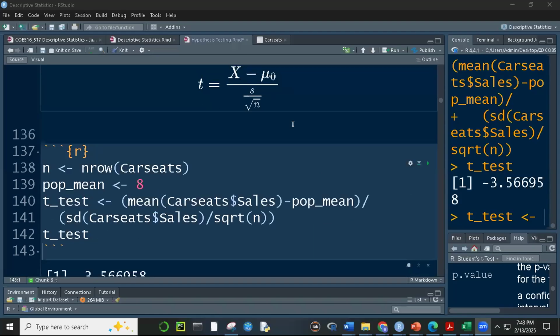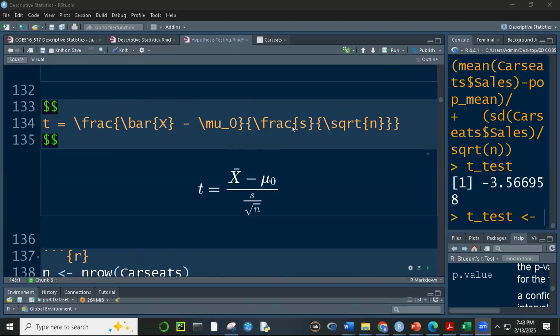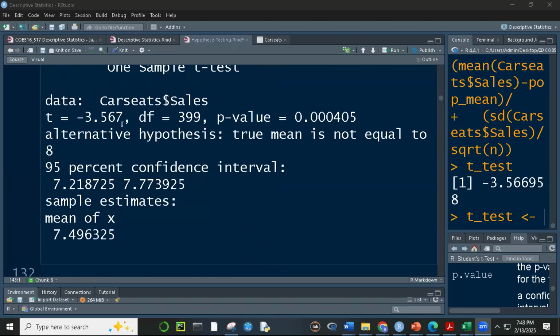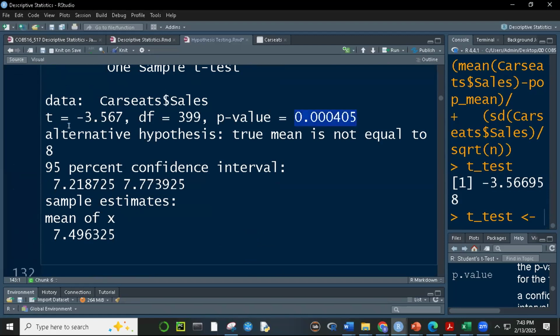So let's now go to the interpretation. You have a t-test of negative 3.567, and we will interpret the t-test in the light of the p-value. The negative indicates that your sample mean is below the population mean.